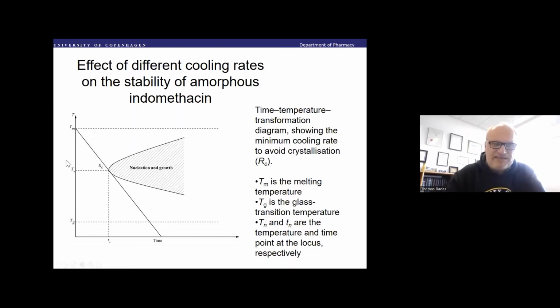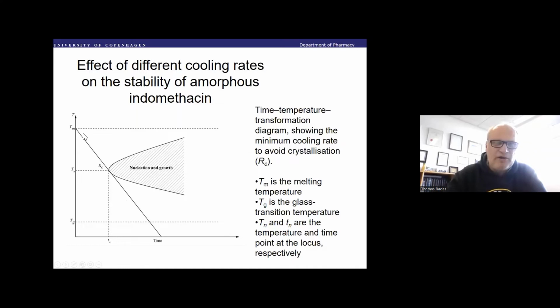And if we do this at various storage temperatures, we're going to form the so-called nose of the system, or the zone of nucleation and crystal growth. If you now draw a tangent from the melting point of the material via the tip of the nose, you get the critical cooling rate, meaning that any cooling rate faster than this will lead to an amorphous form, and any cooling rate slower than this from the melt will lead to crystallization.